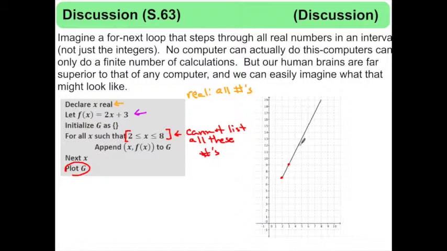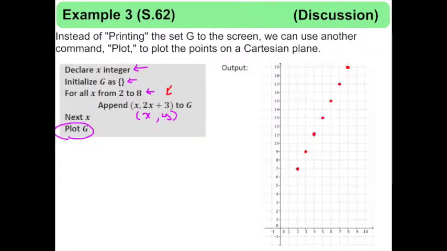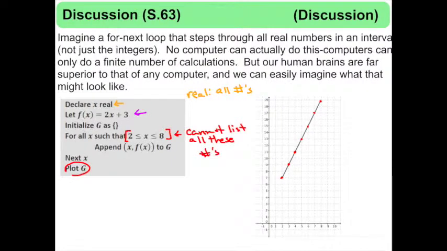The difference between what we had last time, because these red dots were what we had last time, and I'll go back to that previous picture, there they are, versus what's happening this time, is because it includes everything, the real, we're going to actually draw a line through the dots, because it's impossible for us to draw a dot for every single point, so we draw a line. And so it's going to exist in between 2 and then 8.